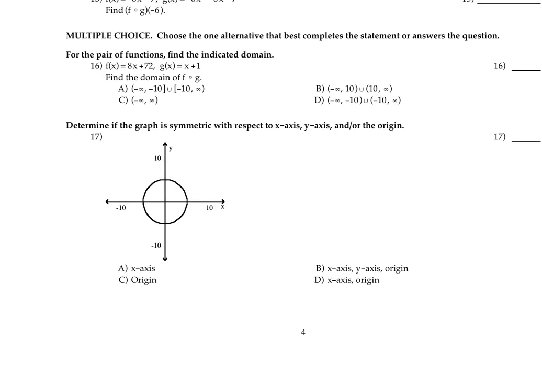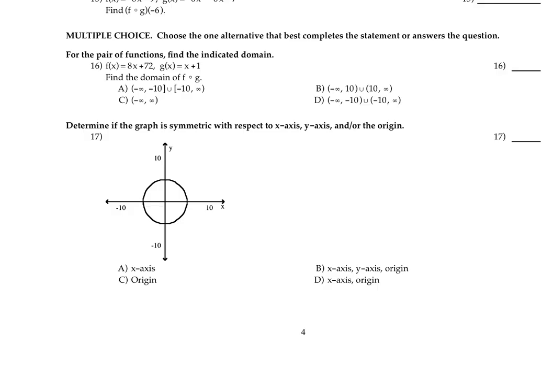Hey, 16 is kind of like what we talked about before. When I put one function into the other, what's the domain of 8x plus 72? Yeah, it's all reals, right? Because it's just a linear function, okay? All you have to do is focus on what type of function we have. Same thing here, it's linear, right? So if I take a linear function and put it into another linear function, guess what I'm going to get?